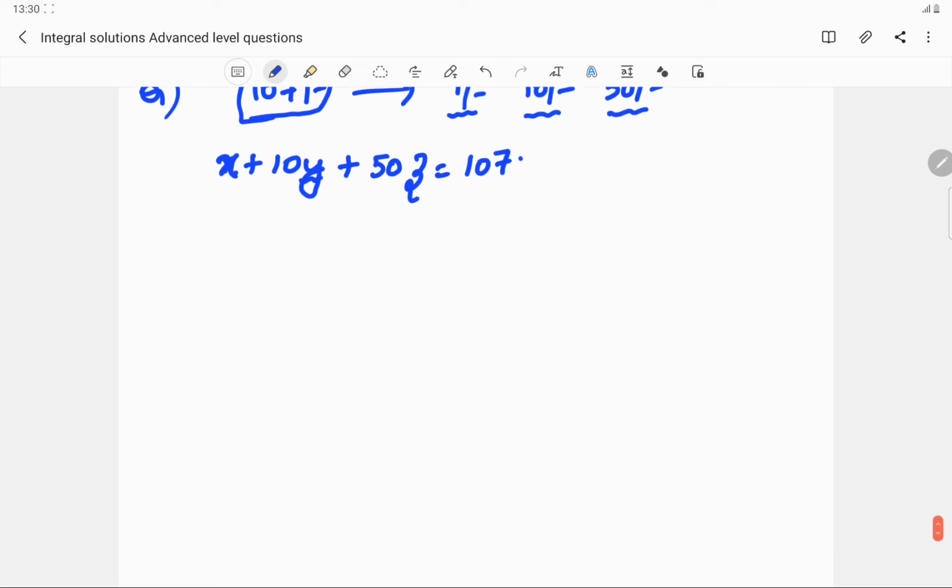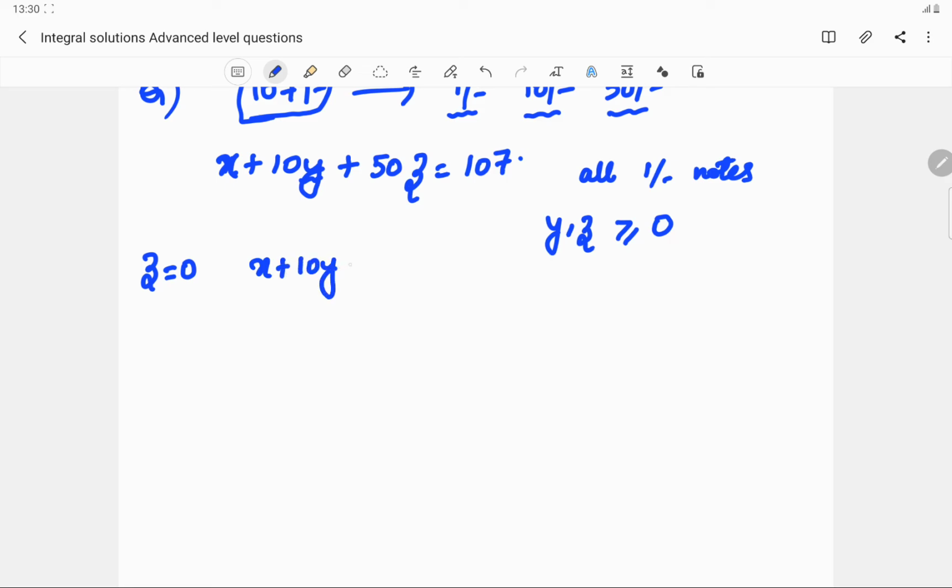Now I can give all 1 rupee notes. That means y comma z can take the value of 0, so they are greater than or equal to 0. Now if z is equals to 0, we are having x plus 10y is equals to 107.